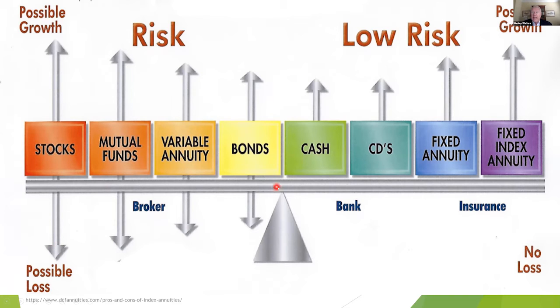Over on this side of the fulcrum, there's also the variable annuity. It can go up, it can go down. But when we get to the right side, a fixed annuity is like a CD. We'll go into more detail. And the fixed indexed annuity gives you the potential for the largest gains of an annuity without taking any risk.